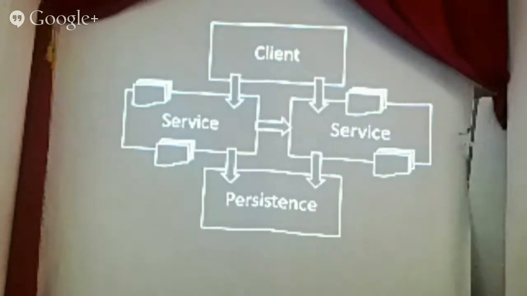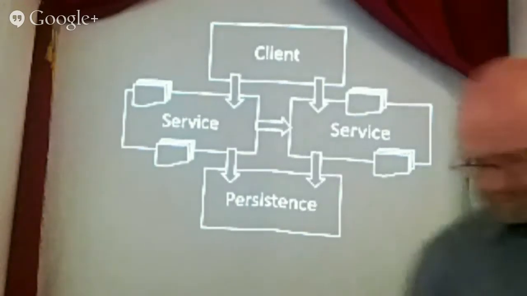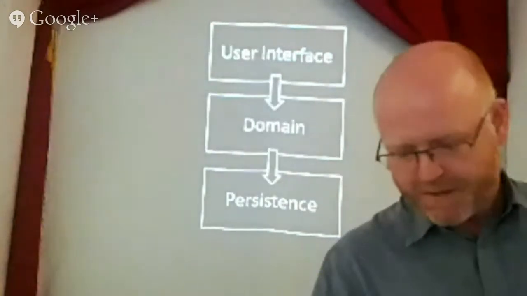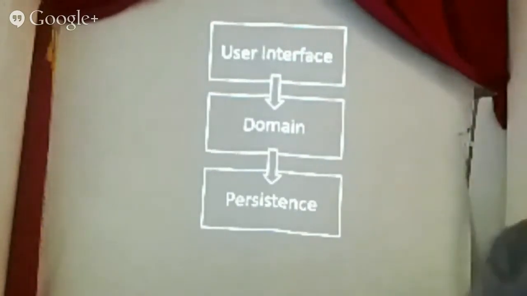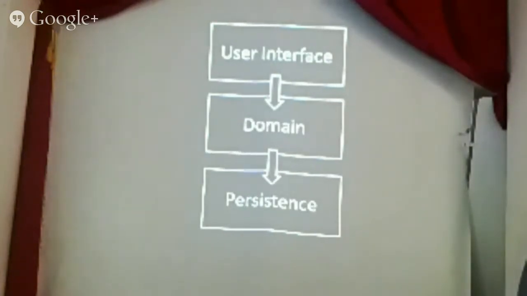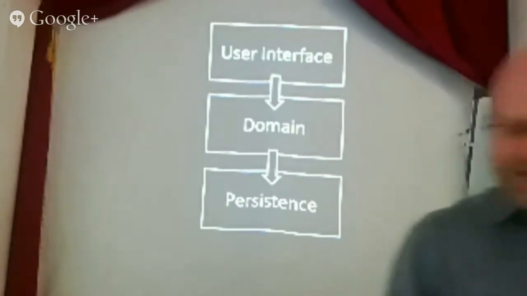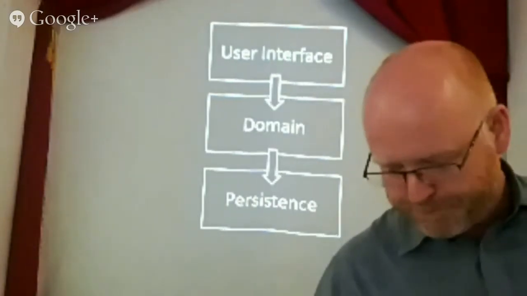These arrows are all about how dependencies go. So the direction in which you depend on something. So if we go back to the N-tier model that was kindly invented for us, the order of dependencies is downwards.